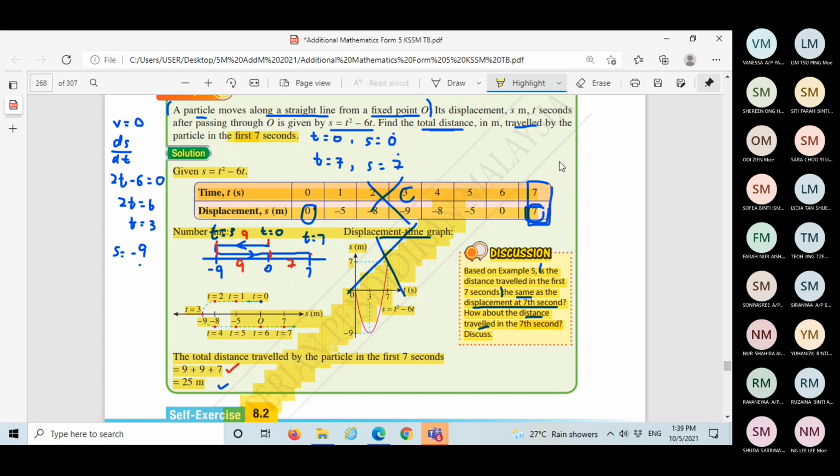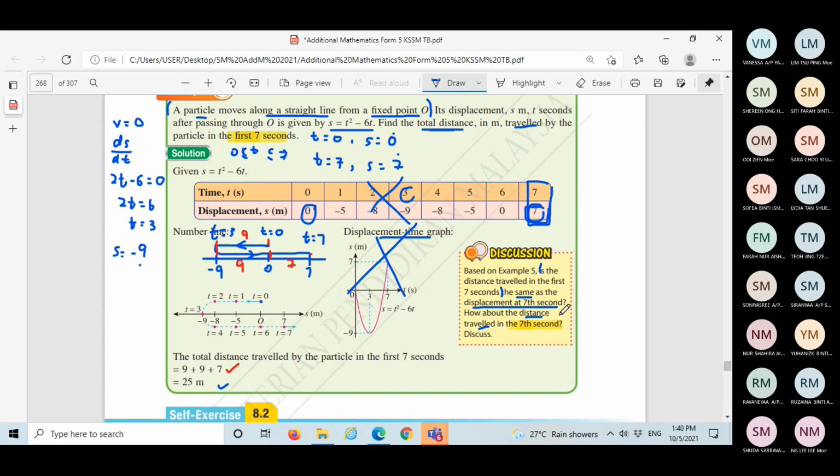Okay, I still want to highlight. The first 7 seconds and the 7 seconds, they are two different things. So I write here, first 7 seconds means the distance traveled is from the time 0 until 7.